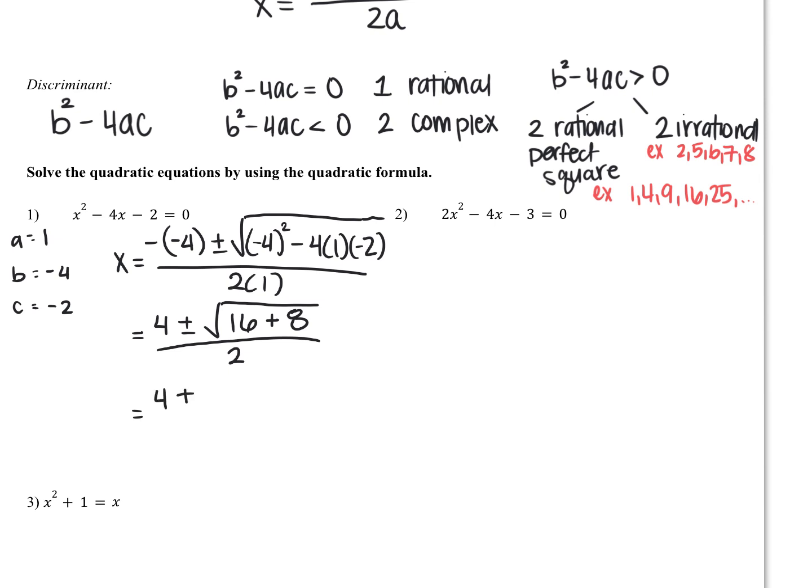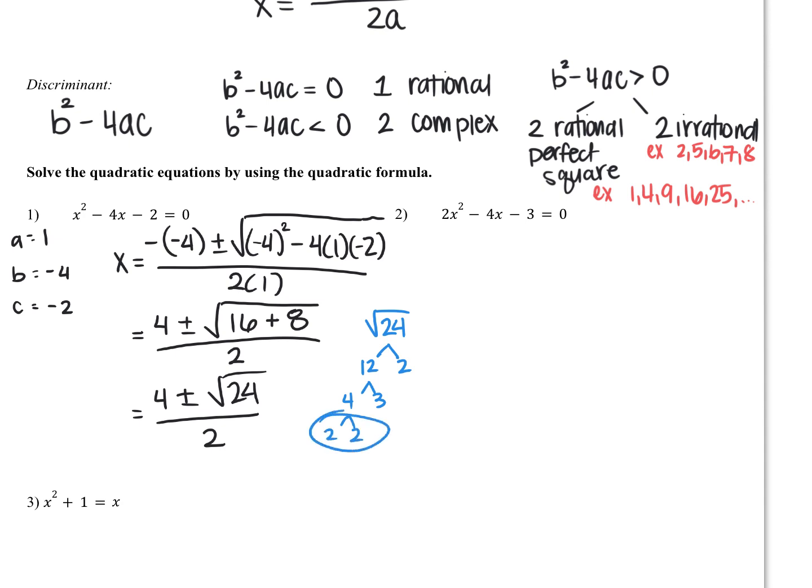So adding my numbers, I get 4 plus or minus the square root of 24 all over 2. Now I want to see if I can simplify 24. 24 isn't a perfect square, but if you remember from Module 3, we did talk about how to simplify radicals. So I can break down 24 as 12 times 2. 12 becomes 4 times 3, and 4 becomes 2 times 2.